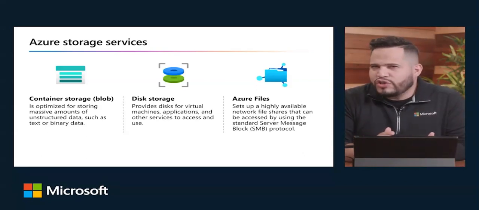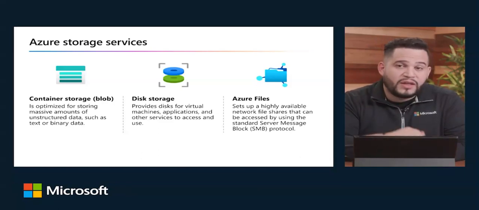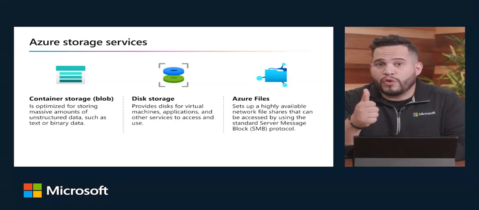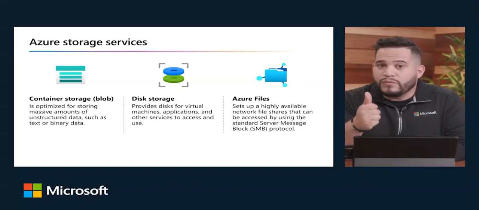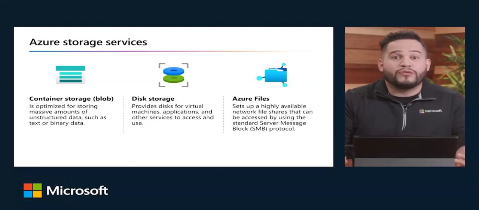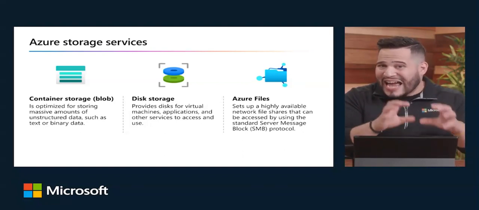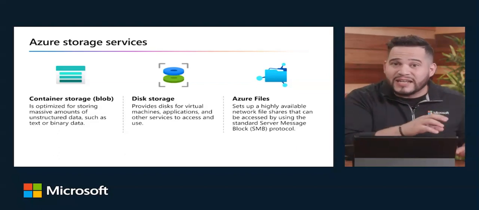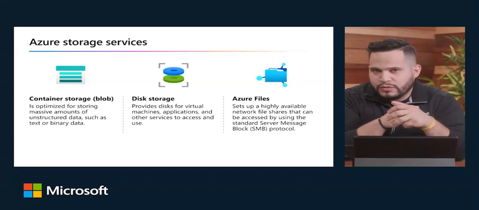And from an infrastructure as a service side, we have 2 different options. Now, the first one is going to be disk storage, which is what we created with our virtual machine. This storage provides disks for Azure virtual machines. Applications and other services can access and use these disks as needed, similar to how they would be in on-premises scenarios.